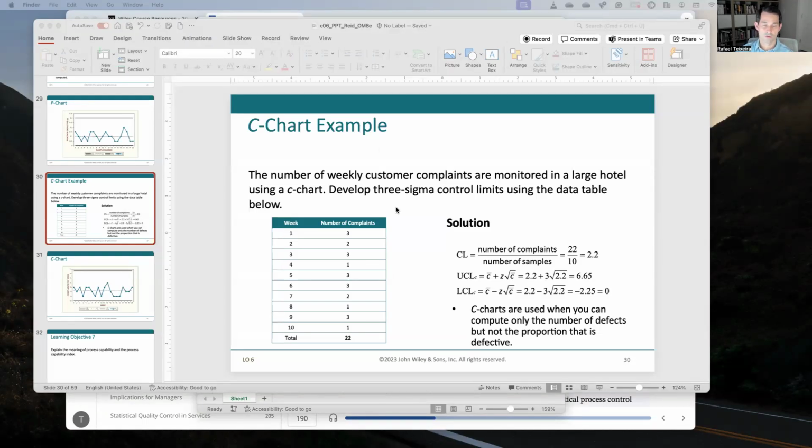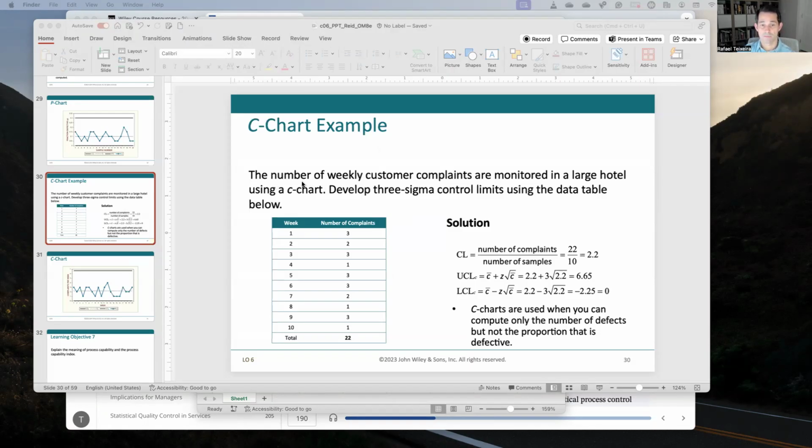In this video, I'm going to show you how to construct a counting or count chart, also known as a C chart. In this one, we count the number of occurrences of an event in a given number of samples.